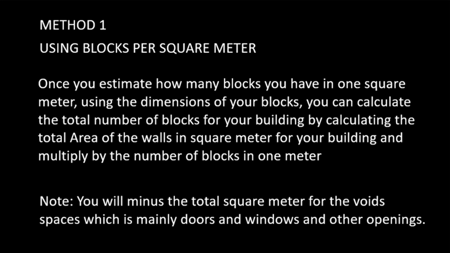The two simple methods that we are going to learn today. Method 1 is using blocks per square meter to determine the number of blocks in your building. Once you estimate how many blocks you have in 1 square meter using the dimensions of your block, you can calculate the total number of blocks for your building by calculating the total area of the walls in square meter for your building and multiplying by the number of blocks in 1 square meter.